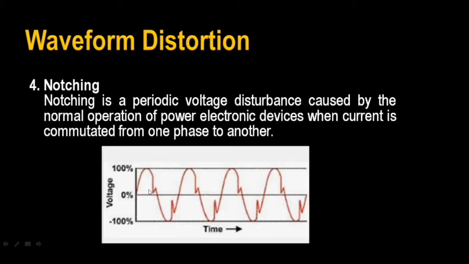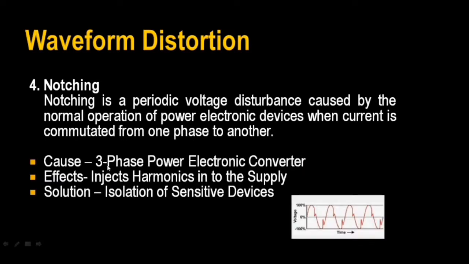That means we are observing some notches presented here, some disturbance, and this is observed because of these power electronic devices. The causes are three-phase power electronic converters, and the effect is injecting harmonics into the supply. The solution to reduce this is isolation of sensitive devices.